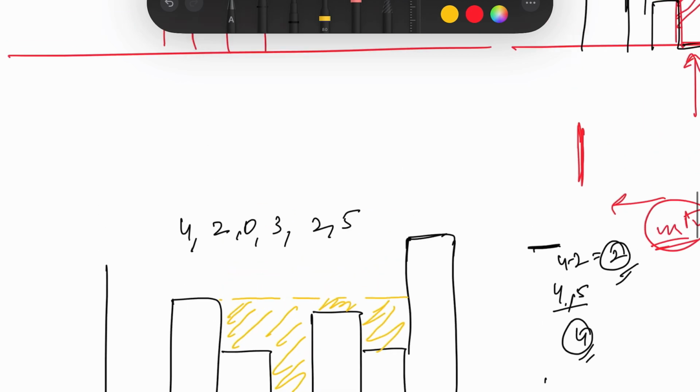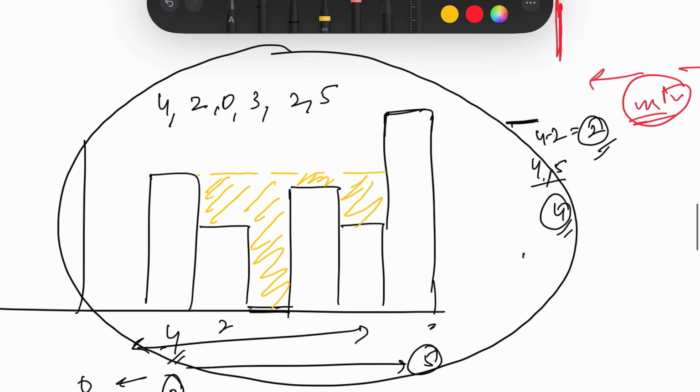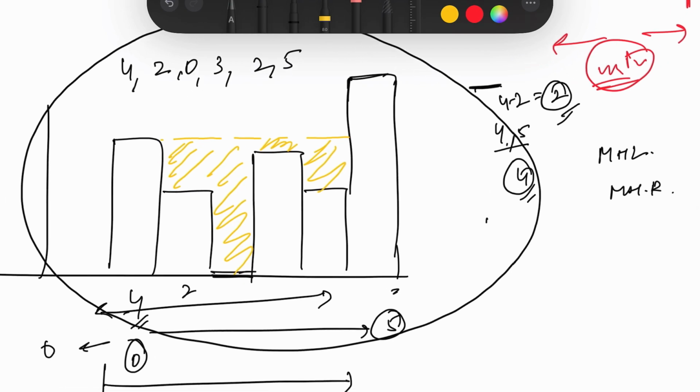And what we encountered is that what we have to know here is the maximum height on the left side and the maximum height on the right side. As we have to know the maximum height so far on the left side, why don't we just keep on tracking the maximum height? If we keep on tracking the maximum height, anyway we have to track the right side.